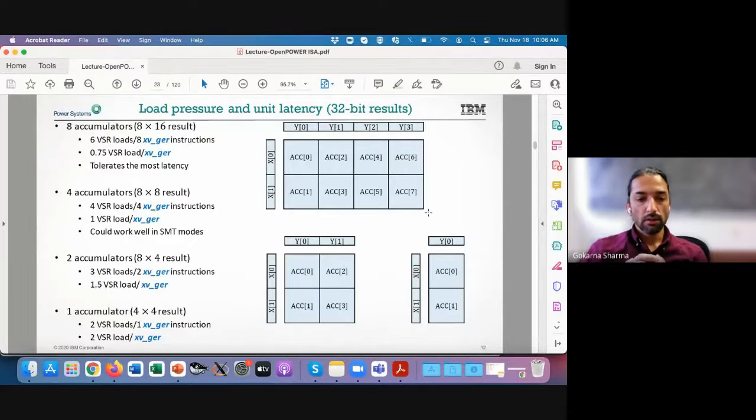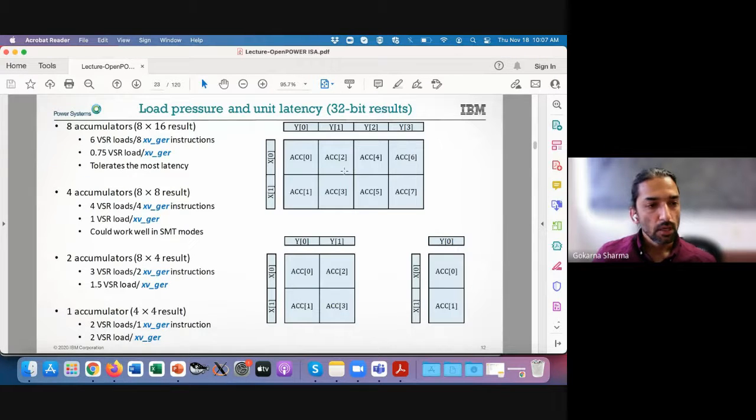So depending on your need, how many accumulators you want to use in the matrix multiplication. Depending on whether you want to use all the accumulators, because in total there are 8 accumulators available, you have the choice to use all 8 or 4 or 2 or just a single one. And then you see how many instructions you could support, and what the VSR load is, and all that. Okay.